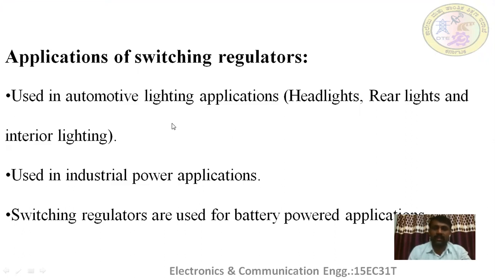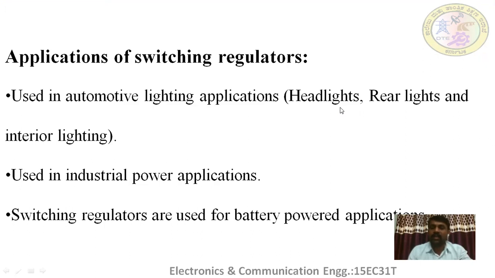So in automotive vehicles, these regulators are used to provide regulated voltages for the headlights, rear lights, that is backlights, and some interior lights and audio video systems. These loads require different voltages, but the vehicle uses only a 12 volt battery.